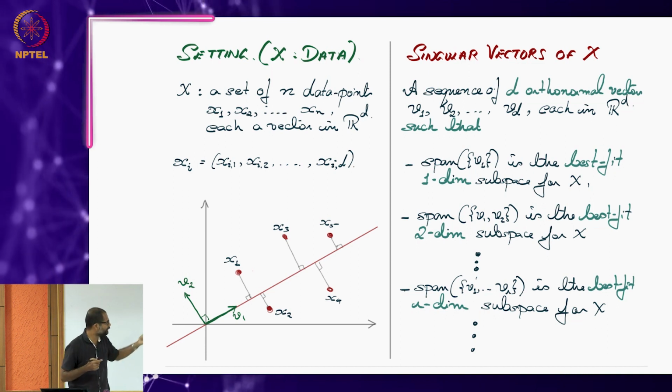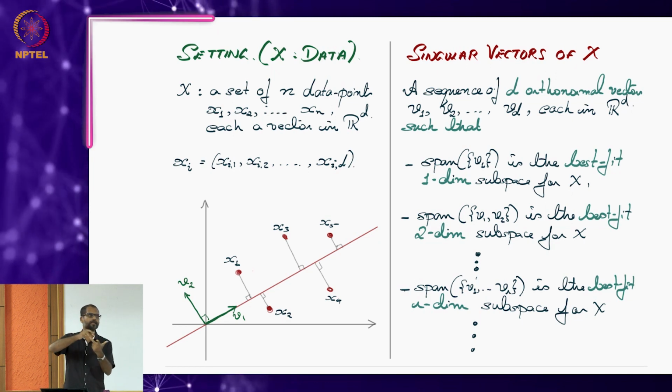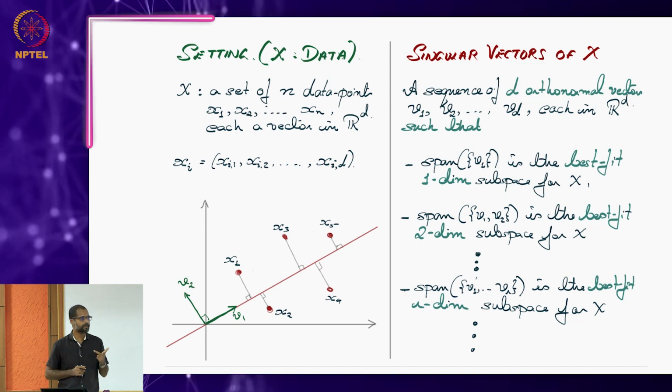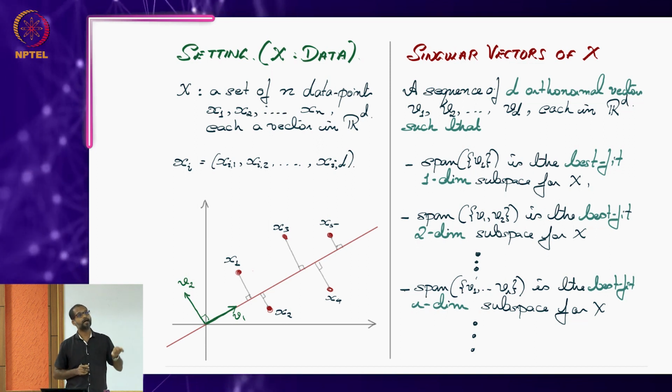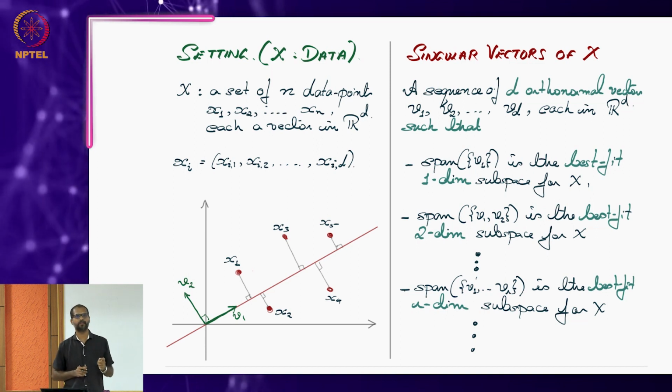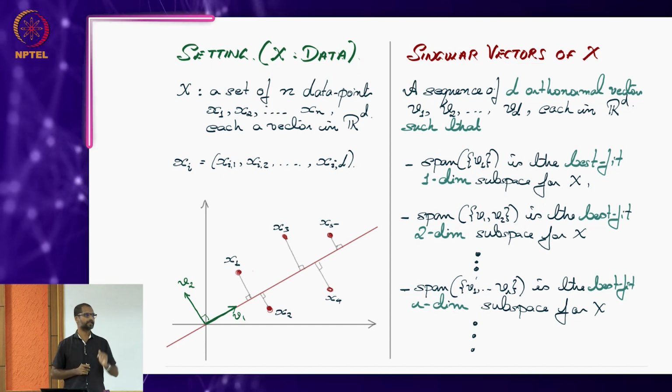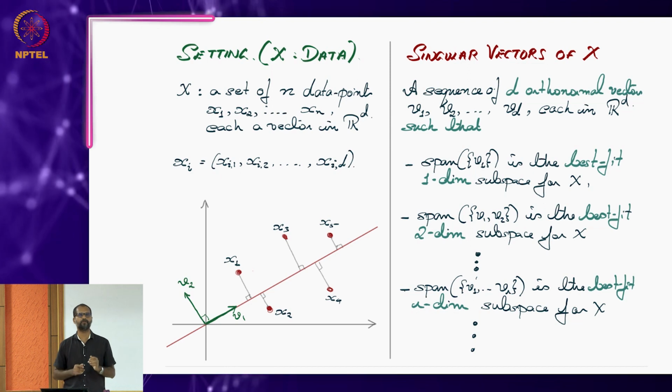The plane that contains both of them turns out to be the best two-dimensional approximation for your data. If you project your data into this space, then you lose the least amount of information.